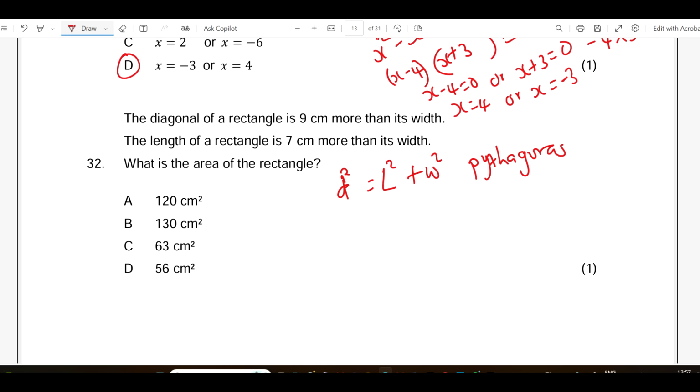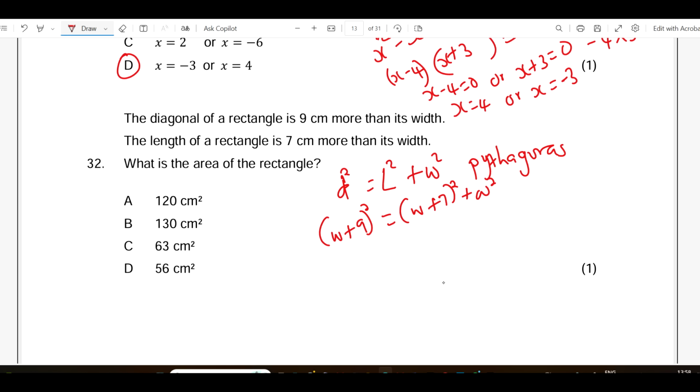So they're saying that the diagonal of a rectangle is 9 more than, I'm going to use plus, it's going to be w plus 9 squared equals to, the length of the rectangle is 7 more than, I'll use plus as well, it's going to be w plus 7 squared plus w squared.